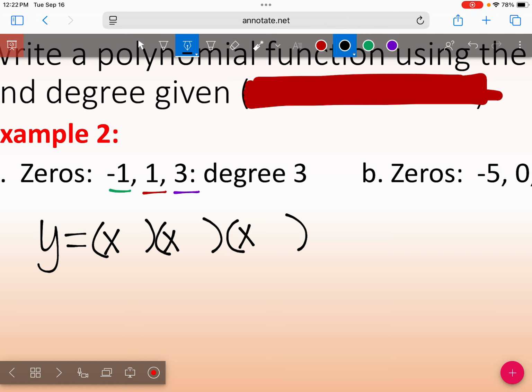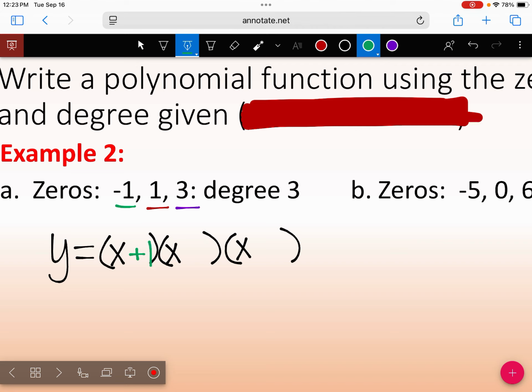So what we have to remember is that in order for me to go from the zero to the factor, what do you think is going to happen to my sign? So what this is asking is what equation is going to give me x equals -1? X plus 1. Good job. So that means this is x plus 1, my first factor.